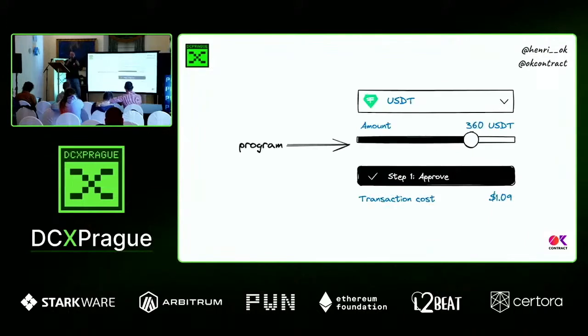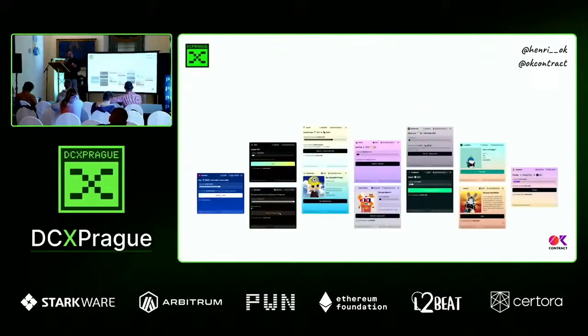So if we have these two engines, we have our program, the short definition of the semantics, that we directly compile to a UI automatically. And we also have the runtime that will, from the UI, build the transaction. And that works.